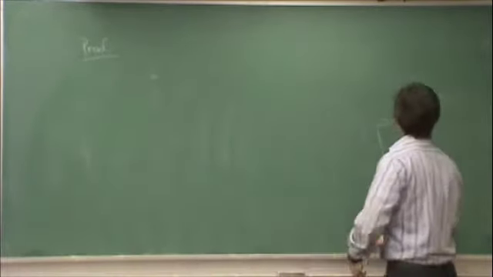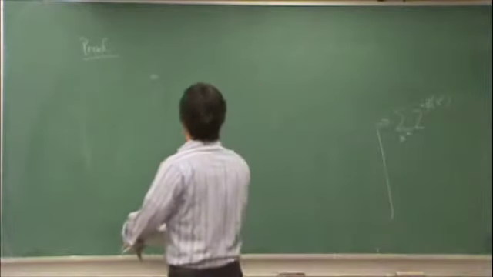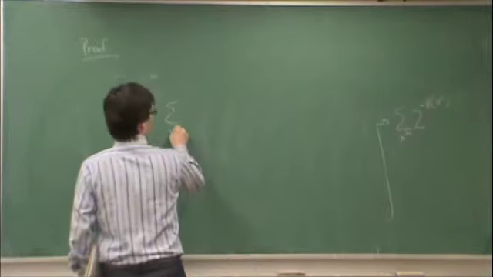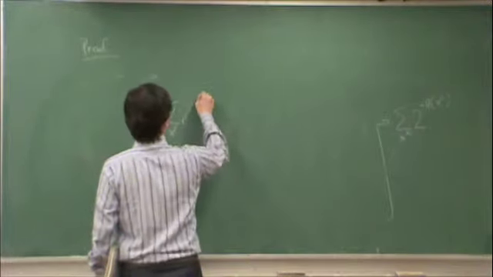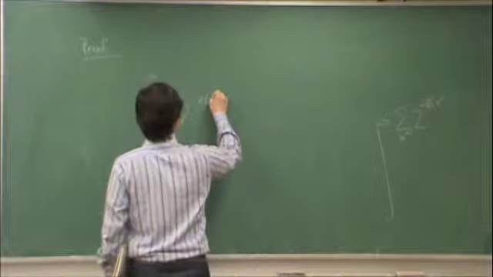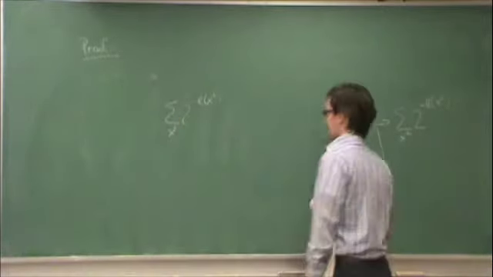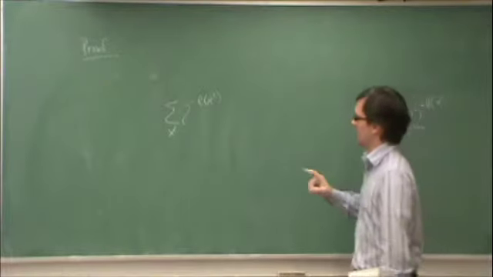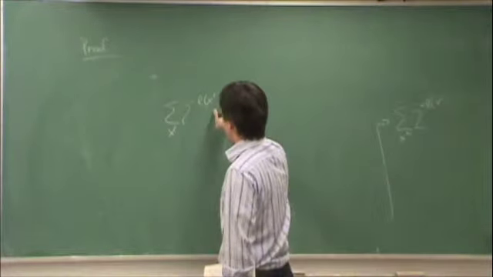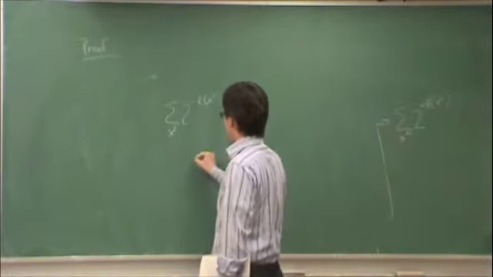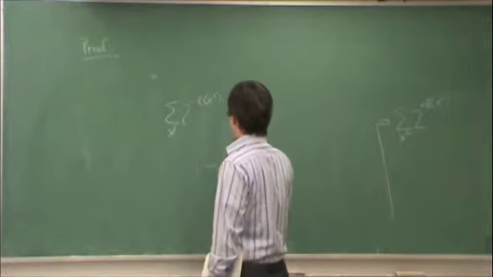So what is this? Sum over xk, 2 to the minus L xk. L xk can take values from 1 up to, let's say, L max.